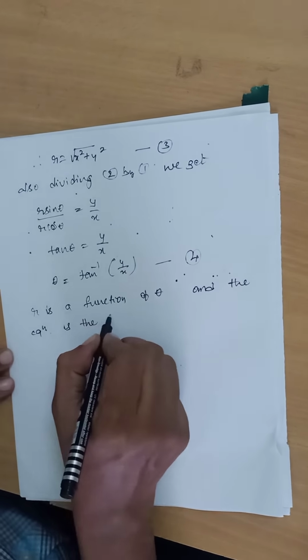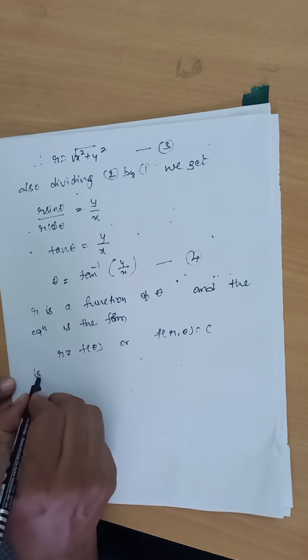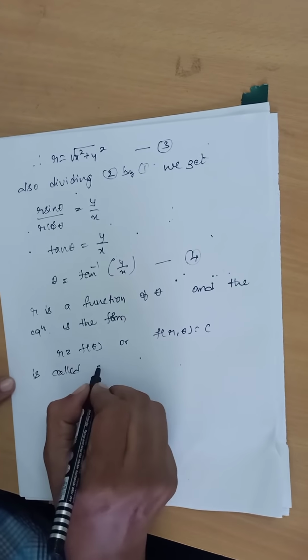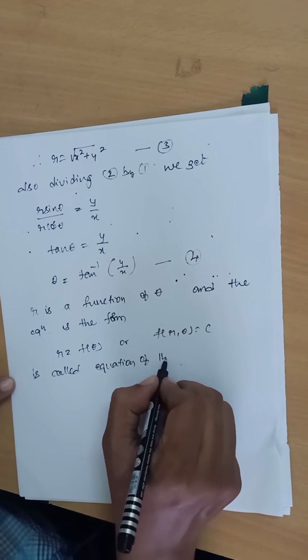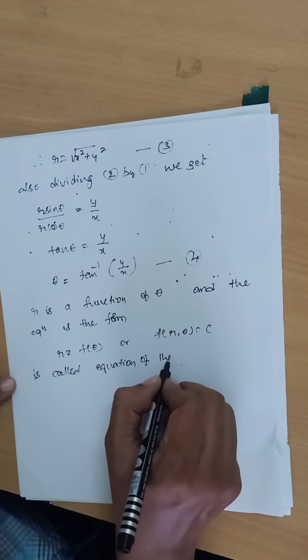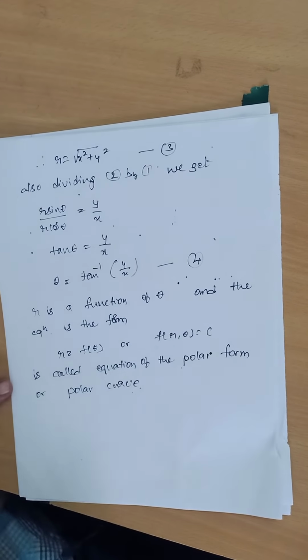Sometimes we write f of r comma theta equal to c, where c is a constant, and this is called the equation of the polar form, or the equation of the polar curve.